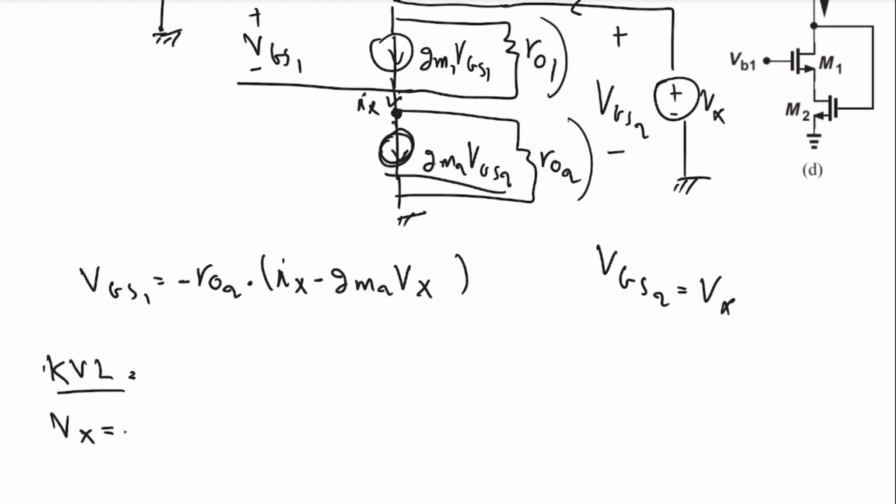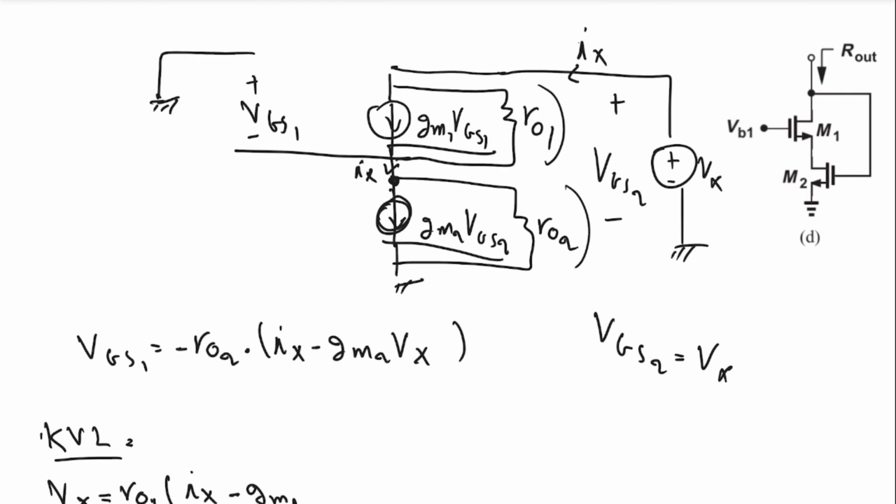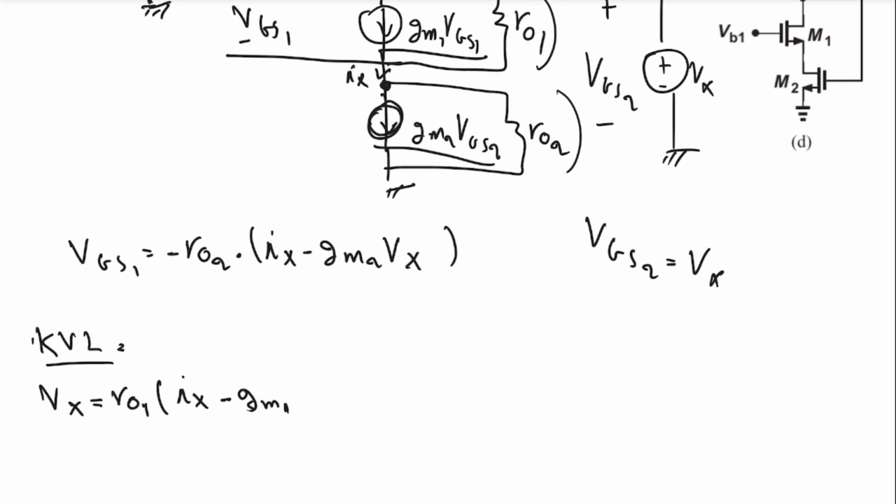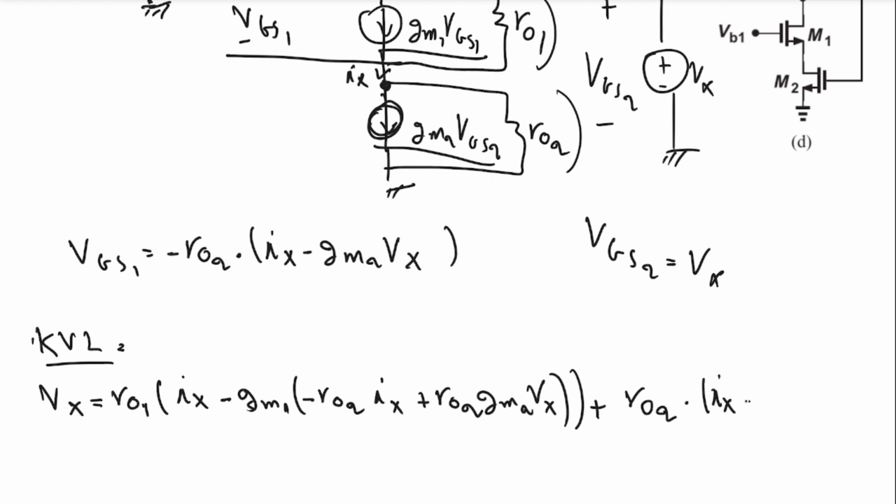Vx is equal to ro1 times the current passing through it, which is Ix minus gm1 Vgs1, where Vgs1 is minus ro2 (Ix minus gm2 Vx), plus ro2 times (Ix minus gm2 Vx).